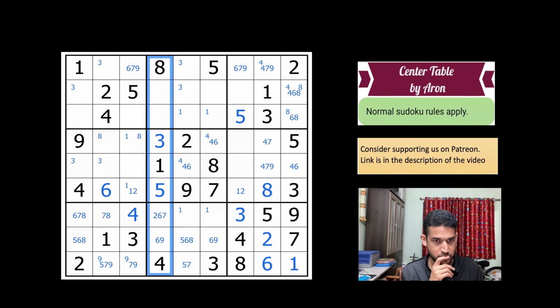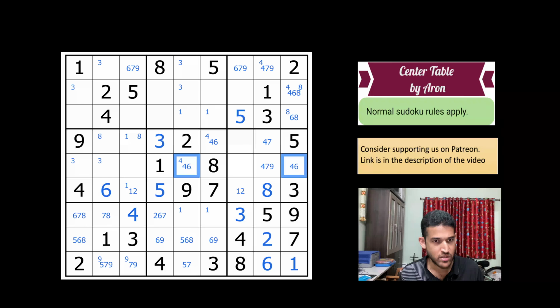And then, because we eliminated 5 from here, because we got a 6 here, we got a 5 here. So 5 got eliminated from here. So that has given rise to a 4, 6 pair, which means this is not 4, 7, and 9. It has to be 7, 9, right? 9 in row 5 goes in here.